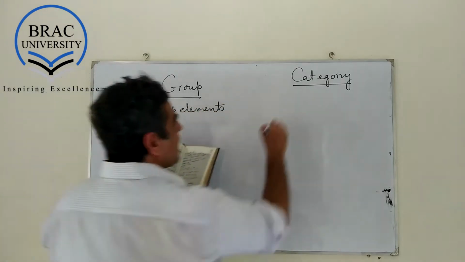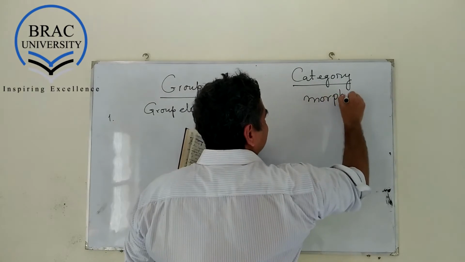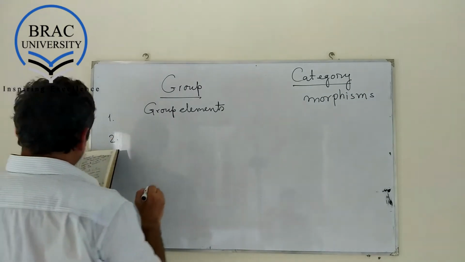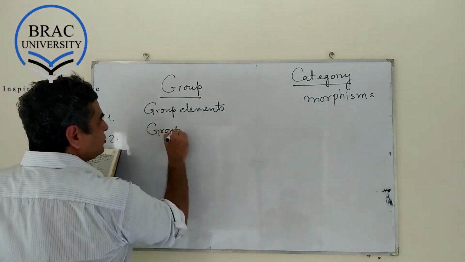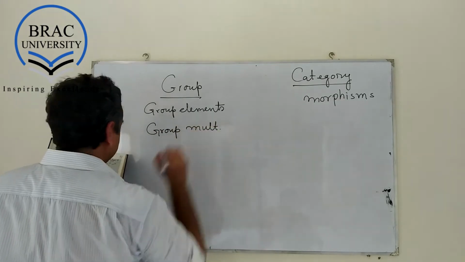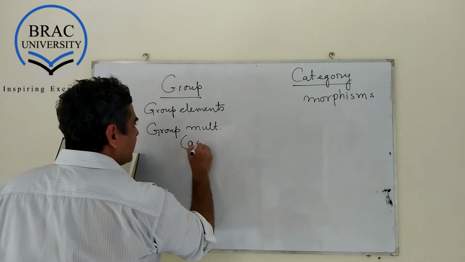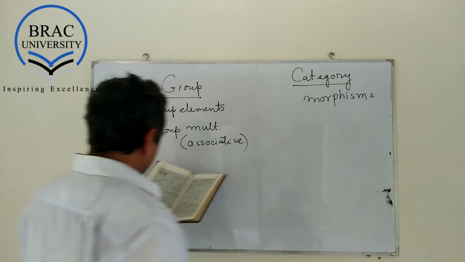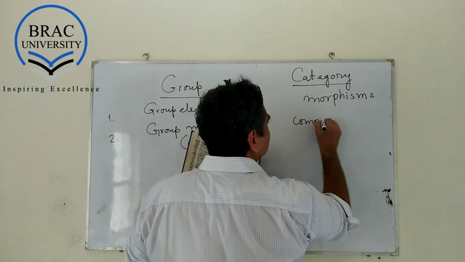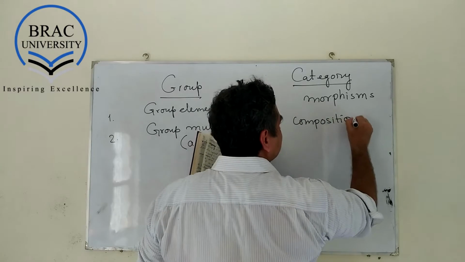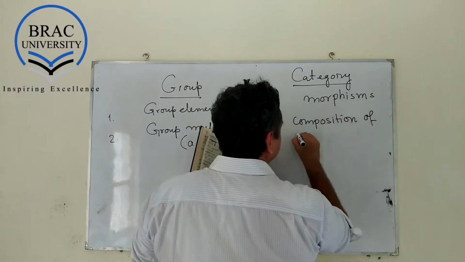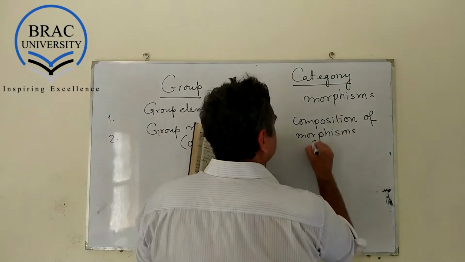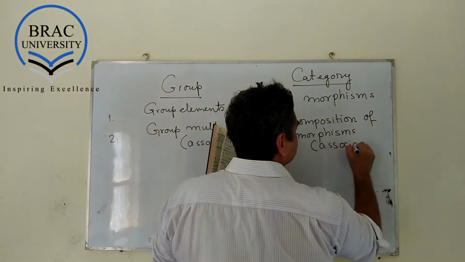On the right, we have morphisms. On the left, we have group multiplication, which is of course associative by definition. On the right, we have composition of morphisms that we explain when we define the category. Which is also by definition associative.